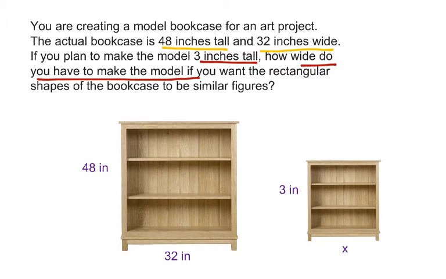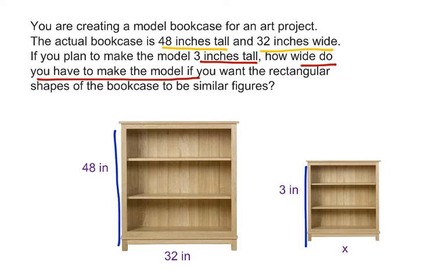So we have a proportion here. We have to look at the corresponding sides. Now there's two ways you can actually solve these kinds of proportions. I'm going to show you the way that your book teaches you first, and then I'm going to show you an alternative way of doing the problem.